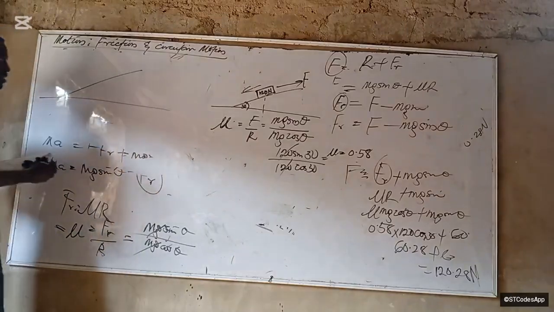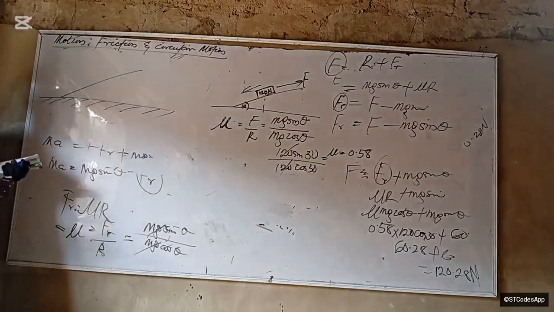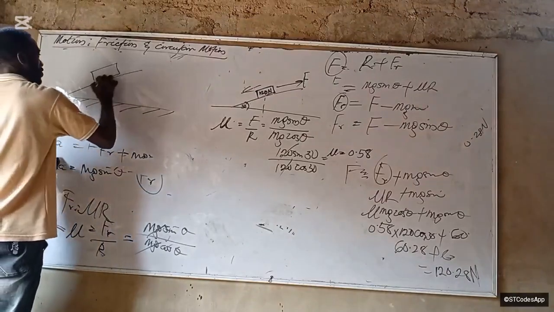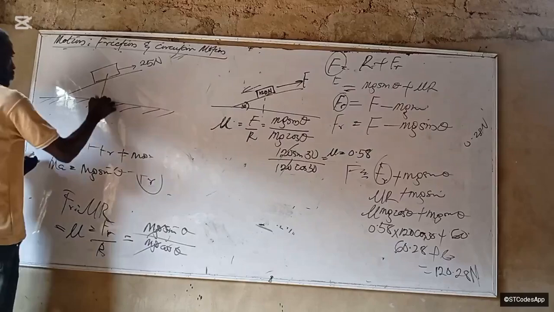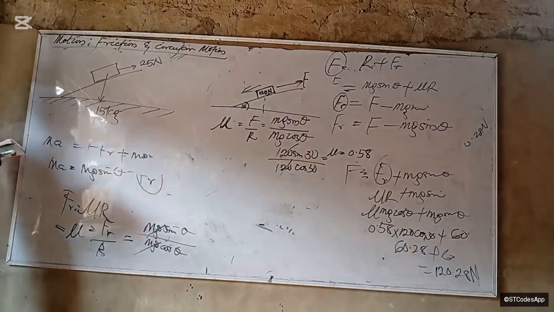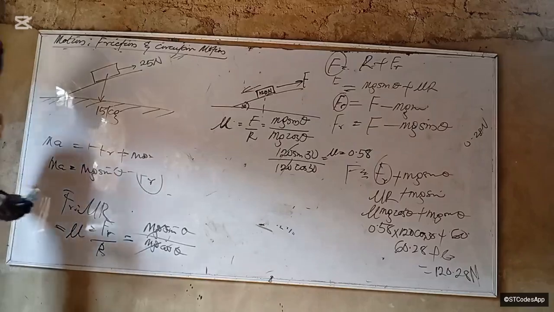If the body slides down the plane, which force is greater, or which force wins? Mg sine theta, God bless you. So here now, a force is acting in this direction, 25 Newton. Then the mass of the body is 15 kg. So solve for the acceleration of the body. Calculate the acceleration of the body. Fast. Pause it, please.